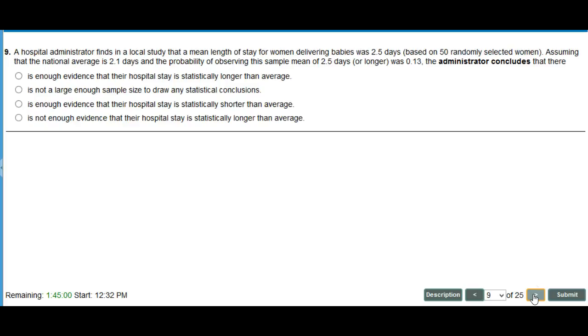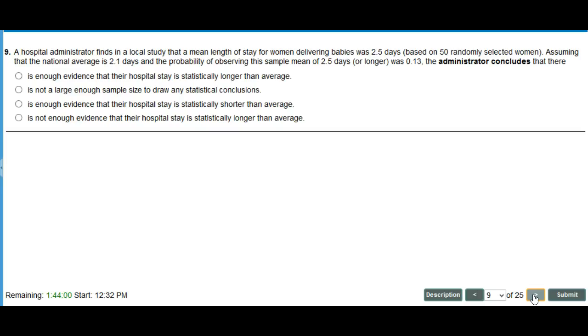Question 9. A hospital administrator finds in a local study that a mean length of stay for women delivering babies was 2.5 days, based on 50 randomly selected women. Assuming that the national average is 2.1 days and the probability of observing this sample mean of 2.5 days or longer was 0.31, the administrator concludes that there is enough evidence that their hospital stay is statistically longer than average.